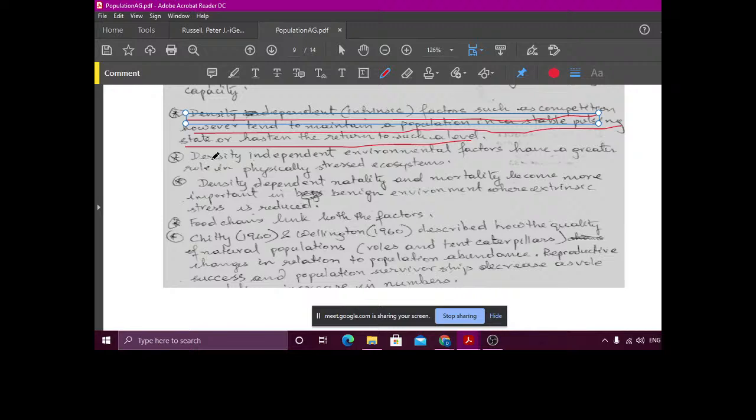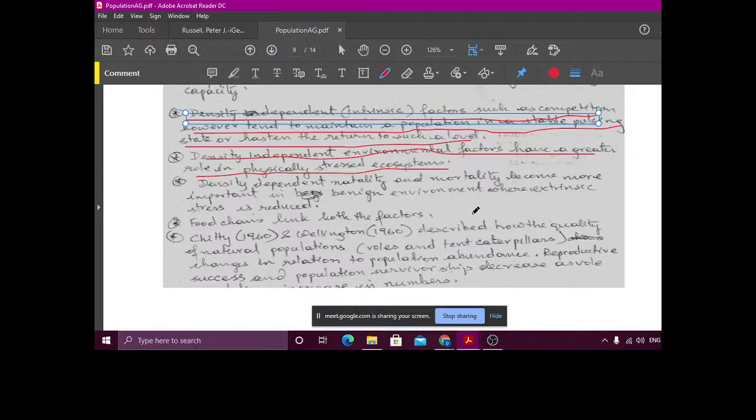And density independent environmental factors have a greater role in physically stressed ecosystems. In the density dependent case, when a lot of people live very close together, they start competing with each other for resources, and because of that some people die out. They don't get enough food or enough medication and they die.